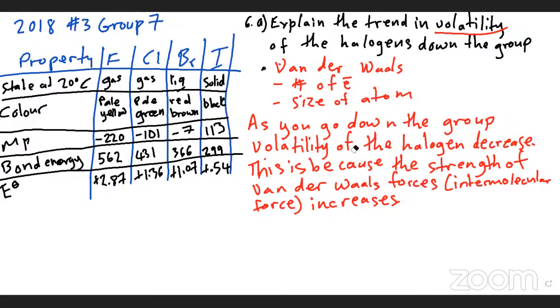So as you go down the group, volatility of the halogens decreases. This is because the strength of the Van der Waals forces increases. And if you want to add, you could mention the size of the atoms and the number of electrons increases, which is why the strength would increase. So we state the trend and we explain it.